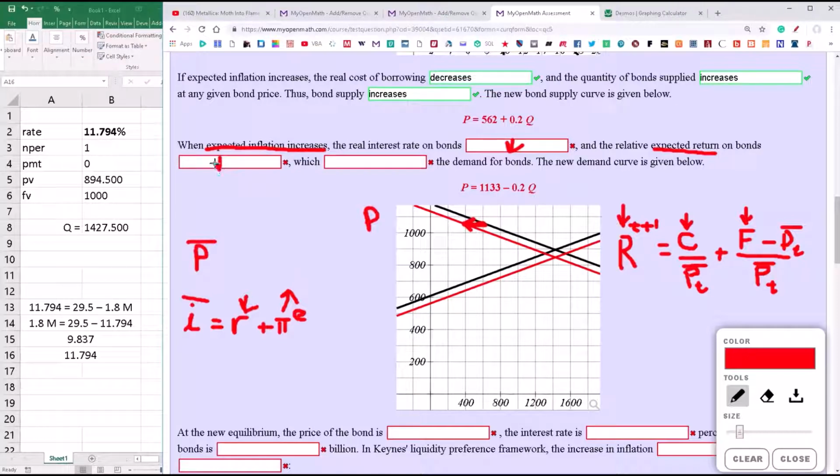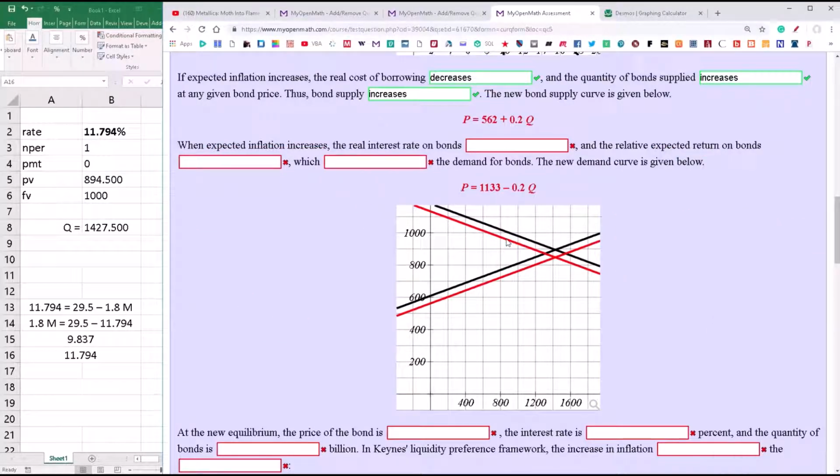So we're going to have a decrease in expected return, which both of these decrease the demand for bonds. Okay? So all three of those answer boxes are decreases. Let me close this out. Decreases, decreases, decreases. And we'll hit enter.